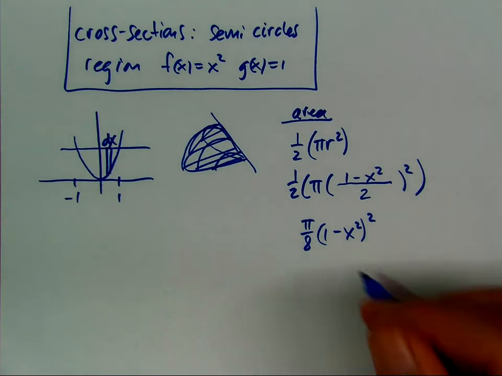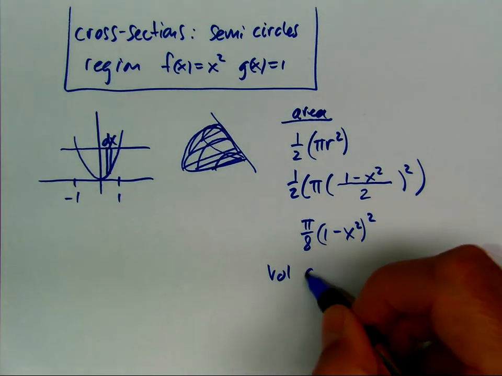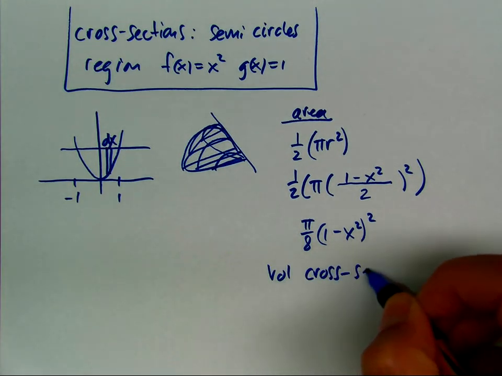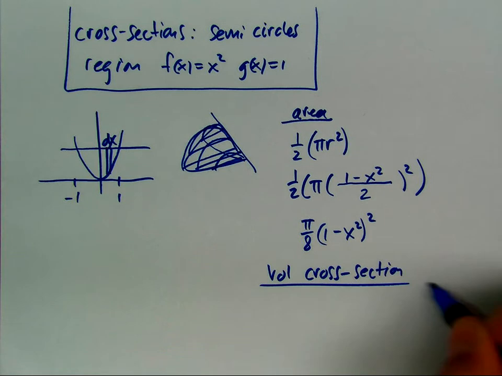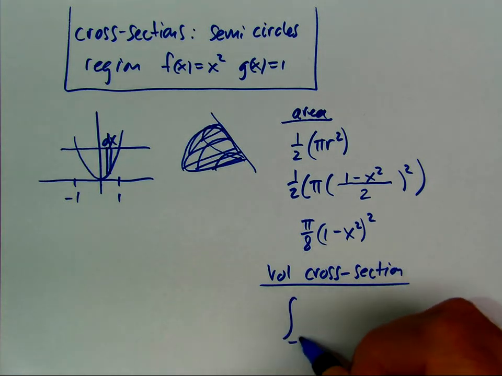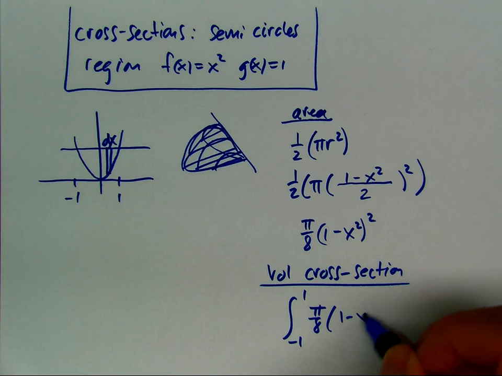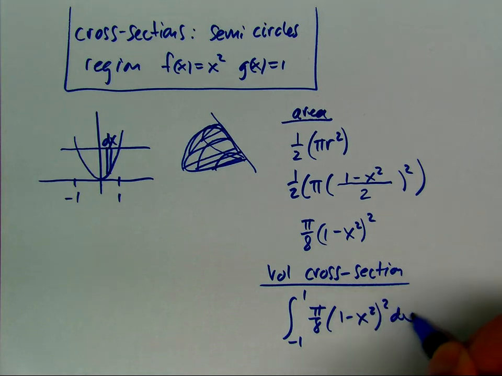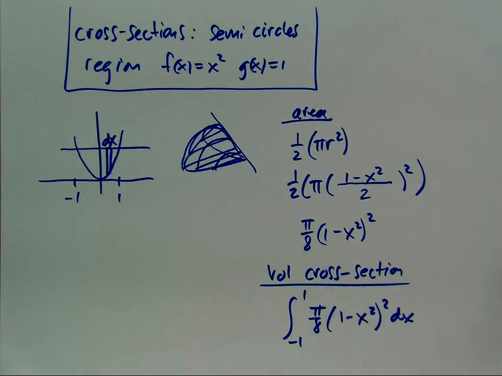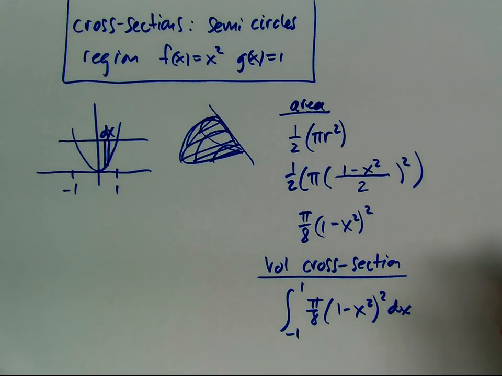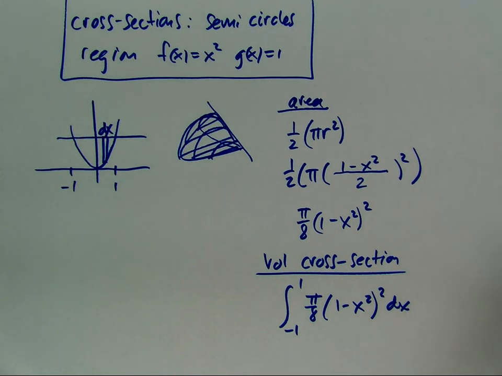Let's do the volume of a cross section. From -1 to 1, pi over 8, 1 minus x squared, squared dx. Oops. So that's not the volume of a cross-section, that's the volume of the whole solid.